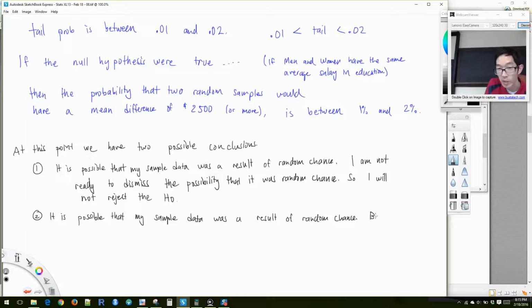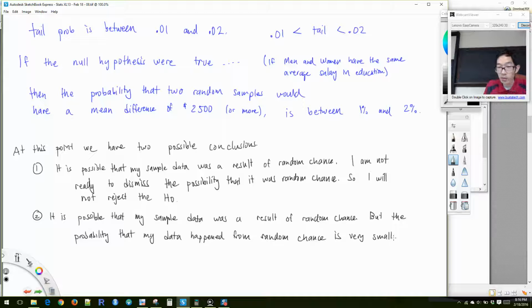But the probability that my data happened from random chance is very small.